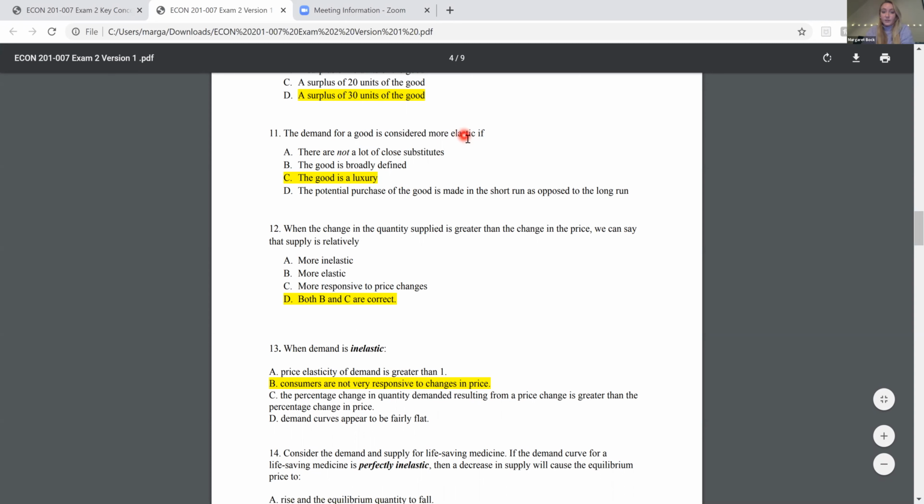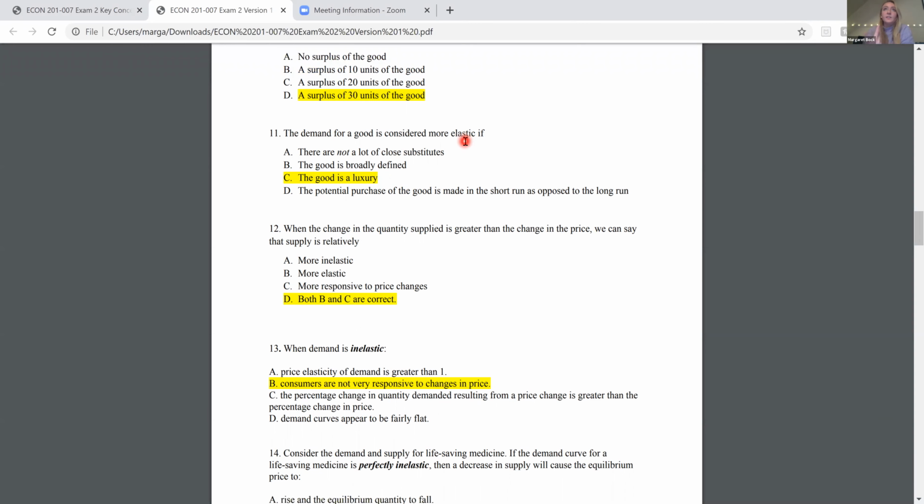So remember, an easy way to think about elasticity is kind of like a buyer's responsiveness to a change in the price. So if a consumer is more elastic, that means they can be more flexible or more responsive if there are small changes in the price for a specific good or a service.